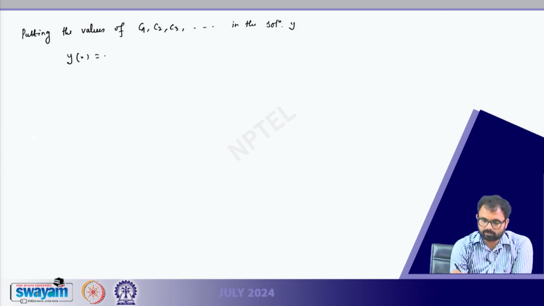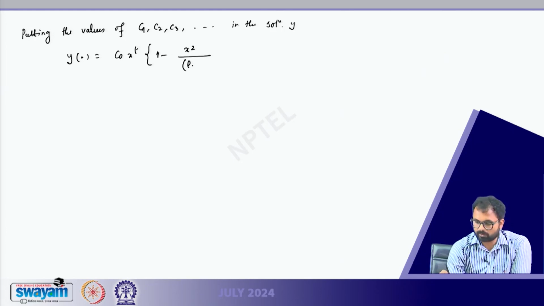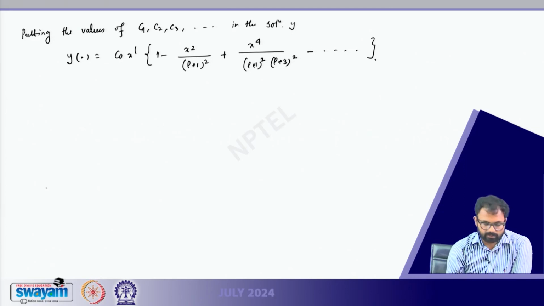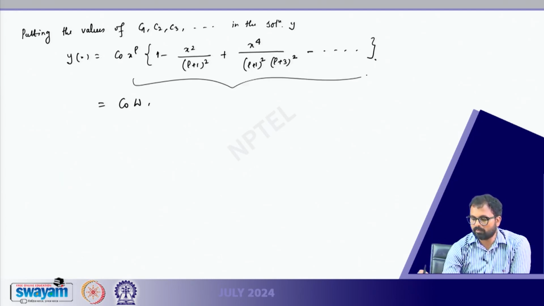We get y(x) equals C0 x to the power rho times [1 minus x square by (rho plus 1) whole square plus x to the power 4 by (rho plus 1) whole square (rho plus 3) whole square minus dot dot and so on]. This is x to the power rho, and this bracket can be thought of as C0 times some function of x. So, this entire thing we are calling w(x).